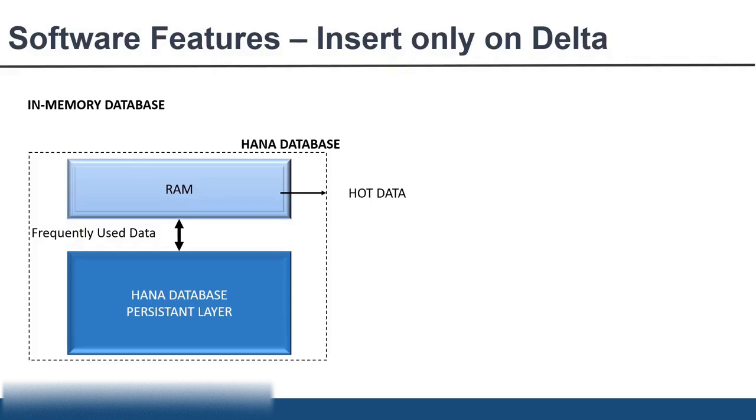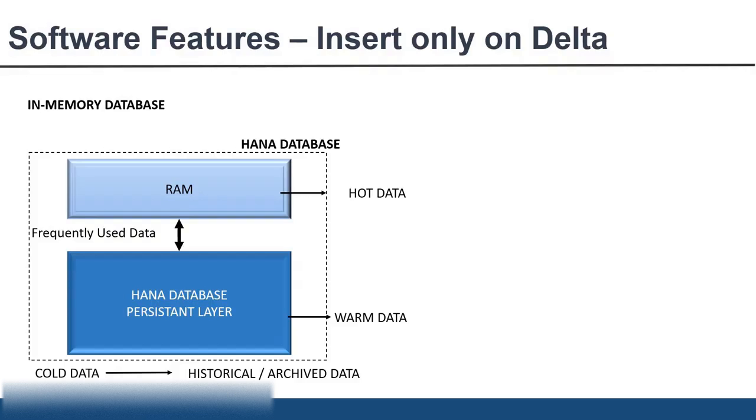The remaining data which lies in the persistent layer is treated as warm data. And obviously now you can imagine the third temperature is cold data, that is your historical data or archived data which you might have archived and stored in some other device also, maybe a disk or any other backup device. So that is cold data.